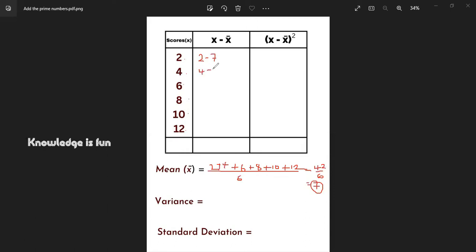So we subtract the mean from the scores. Okay, so I'm going to sum it, and what I have here will be minus 5.